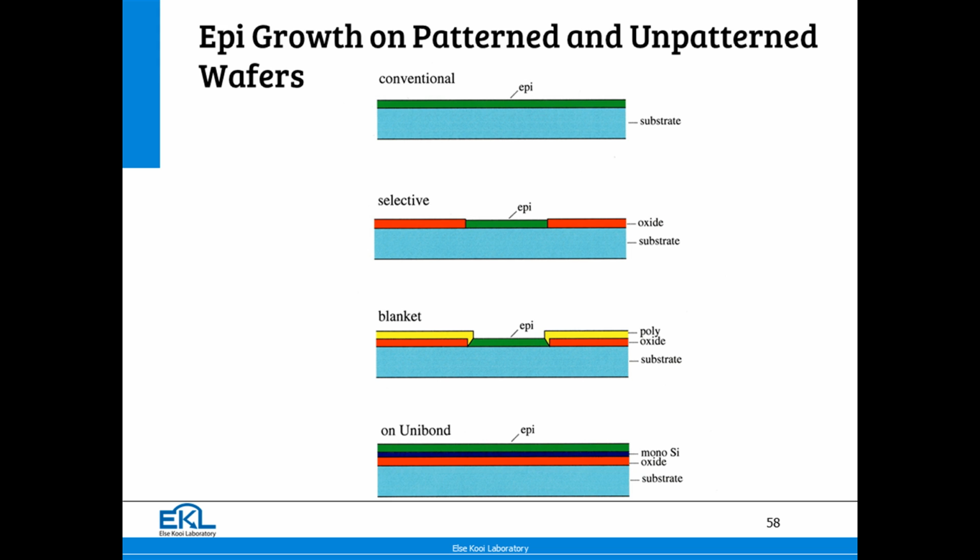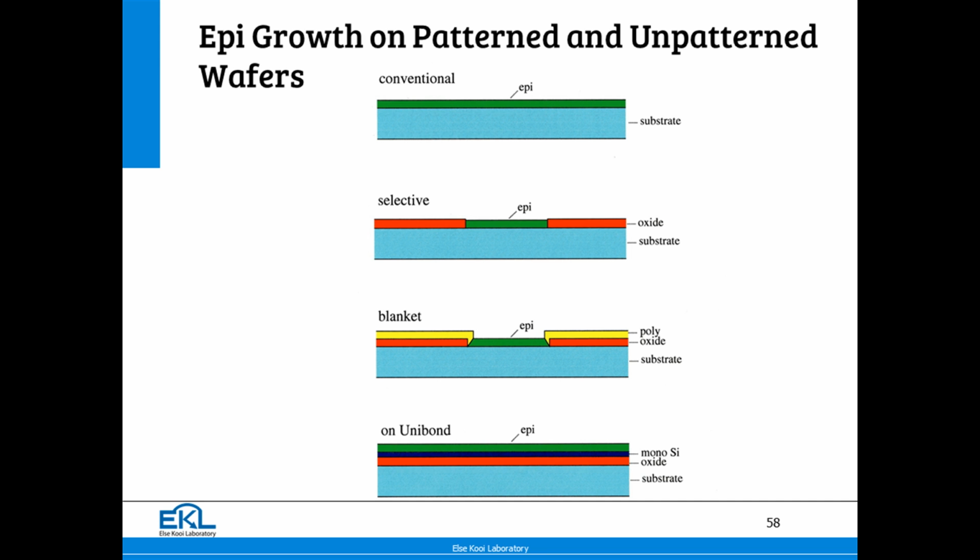A blanket layer, same thing, but now you grow on the oxide as well. And last but not least, Unibond wafer, a buried oxide layer with a monosilicon layer on top. And then you grow blanket epi, in fact, like you do here.